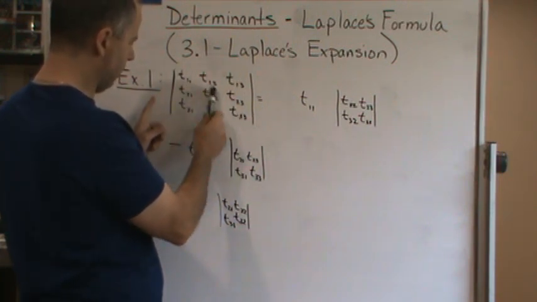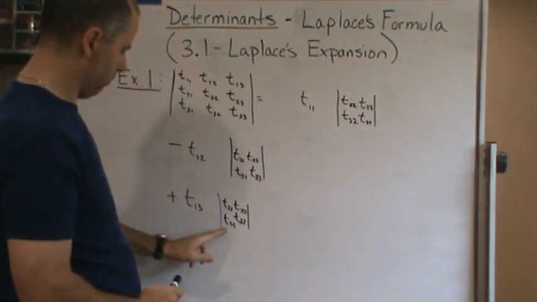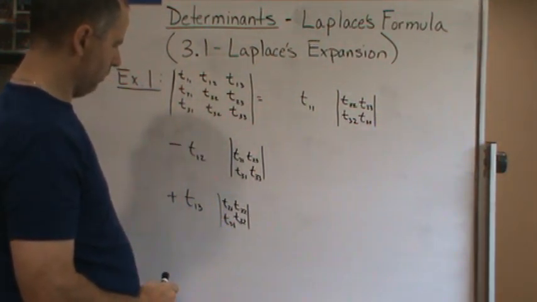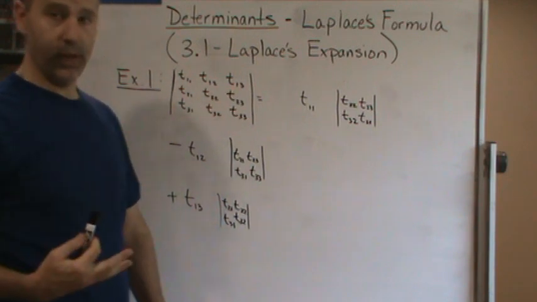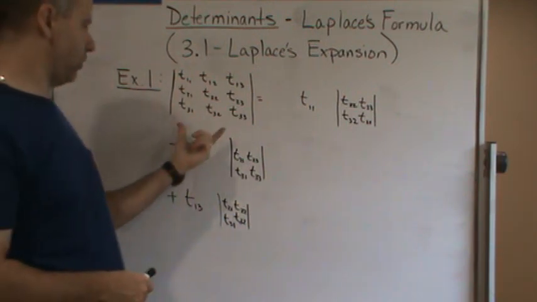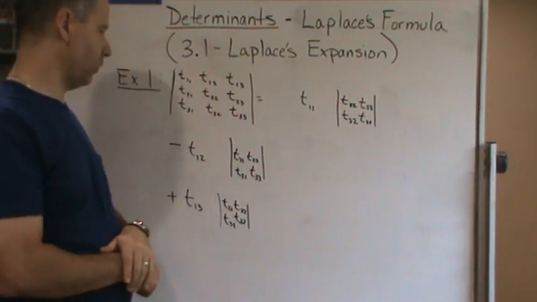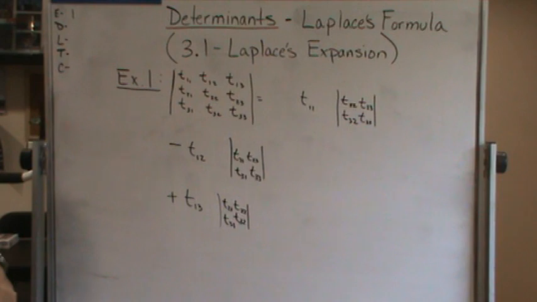We have this 2, 1, 2, 2, 3, 1, 3, 2. And so now we've got this process, this algorithm, right, that we can apply to determinants for 3 by 3 matrices. Okay, so now we're going somewhere.